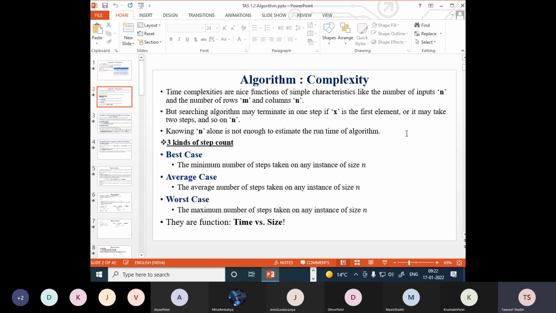The worst case is when we have an array and we compare our element with each and every element of the array, and our element is not found until we reach the end of the array. The last element is what we are searching for. This means we have to start from the first element and go i plus plus, i plus plus, until we reach the end of the array, and the last element is what we are searching for.